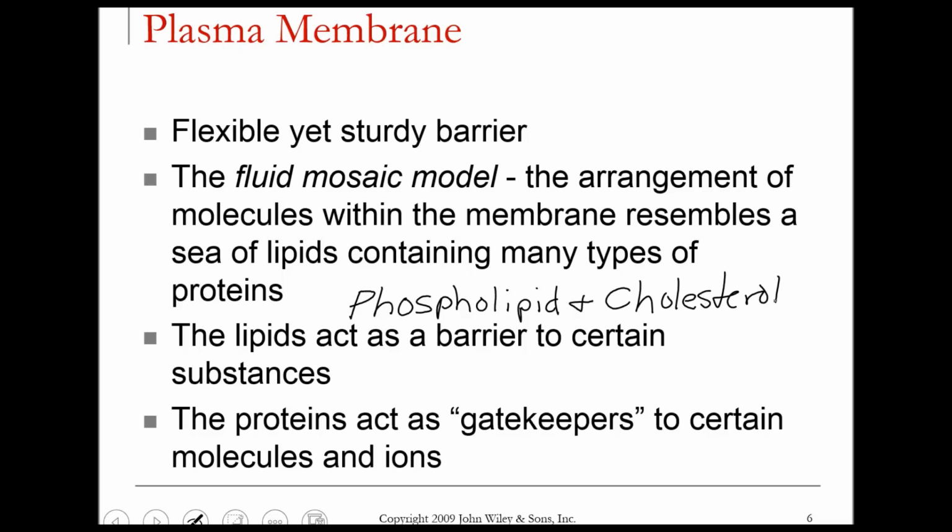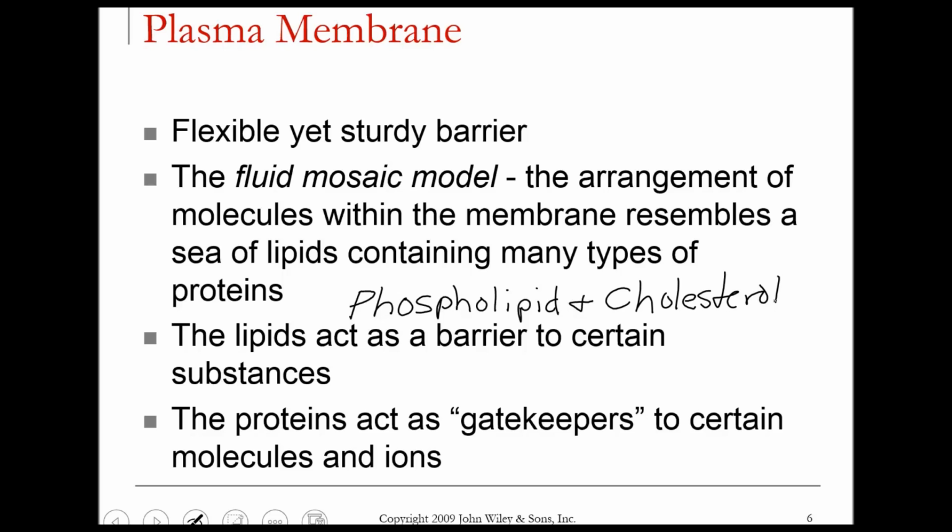Although they are attracted to water, they have only slight charges, but they are just structurally too large to get through the phospholipid bilayer and the cholesterol. So the lipid portion is a barrier.